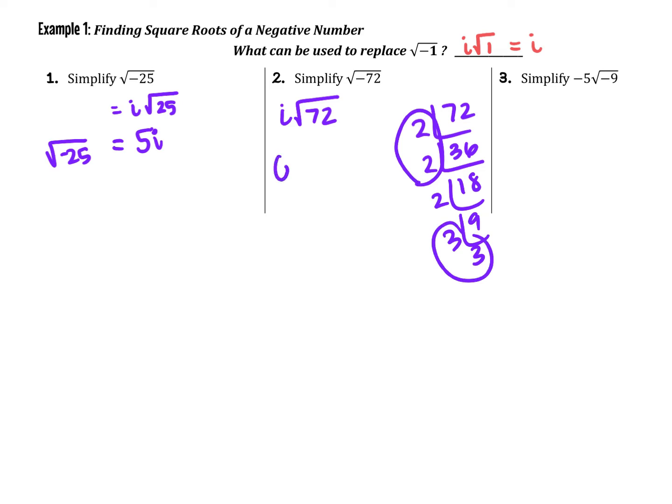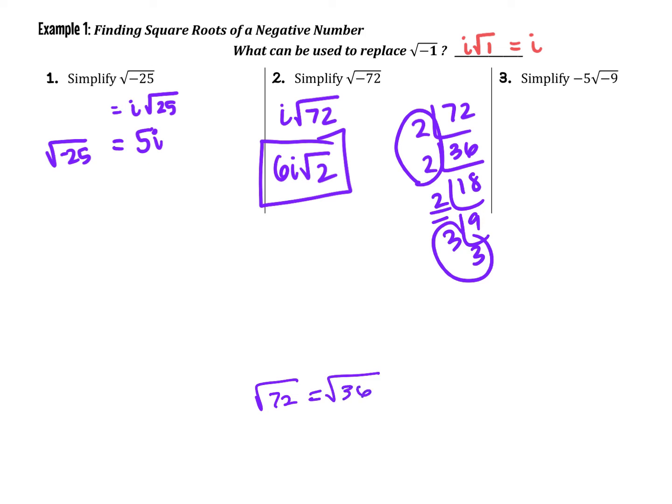So I get to take 6 out, and the number I didn't use was 2. So the square root of negative 72 is equal to 6i times the square root of 2. And remember, to simplify 72, you could also say that 72 is the same thing as 36 times 2, and we know the square root of 36. Just don't forget your i.